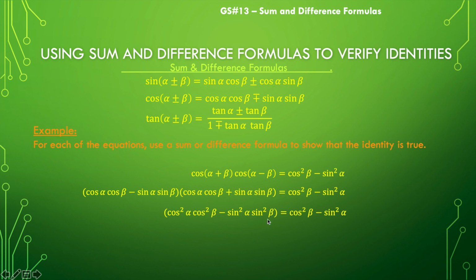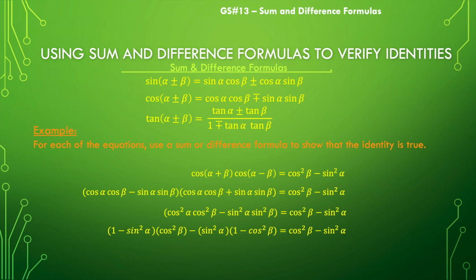And when I'm thinking about sine squared and cosine squared of anything, I am going to be thinking about Pythagorean identities. So I'm going to rewrite this cosine squared of alpha as 1 minus sine squared of alpha. And I'm going to rewrite this sine squared of beta as 1 minus cosine squared of beta.